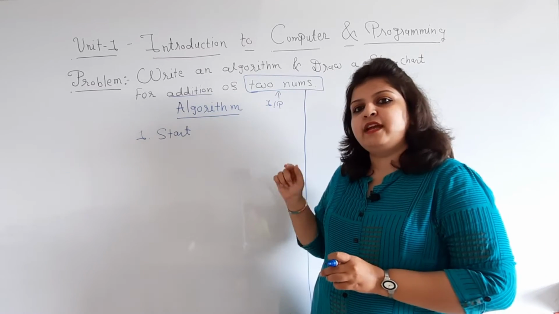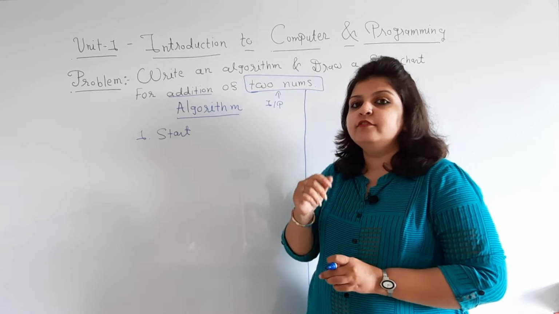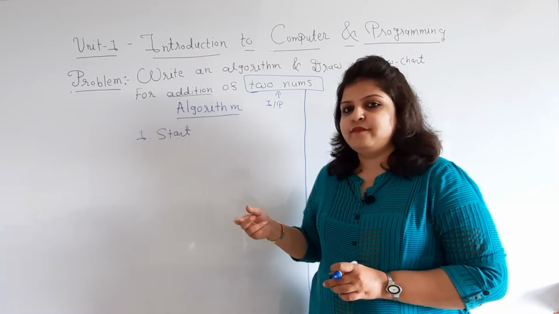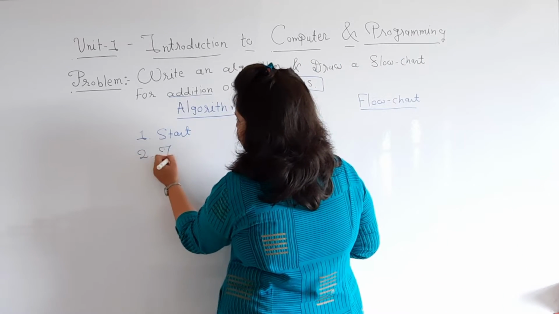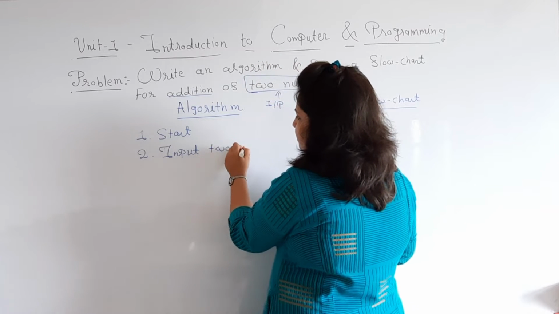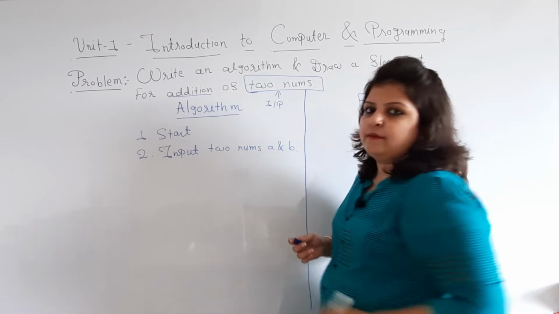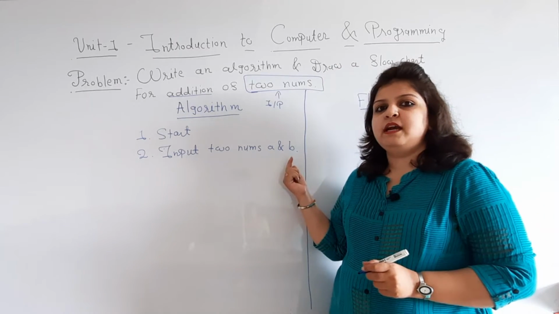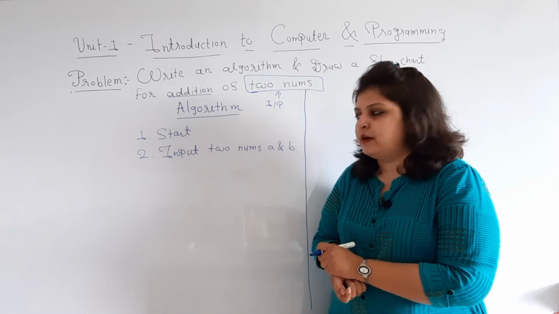Then we have to write input, and input is two numbers, which means we have to take two variables. We can write it like: input two numbers A and B. Here A and B are the variables which are used to store the values of the two numbers.